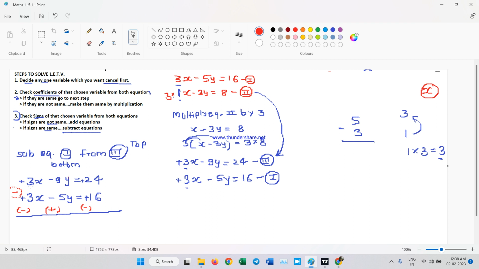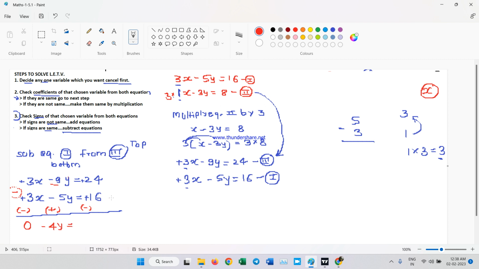Plus 3 and minus 3, the answer is 0. Then plus 9 and minus 9 and plus 5, the answer will be minus 4y.